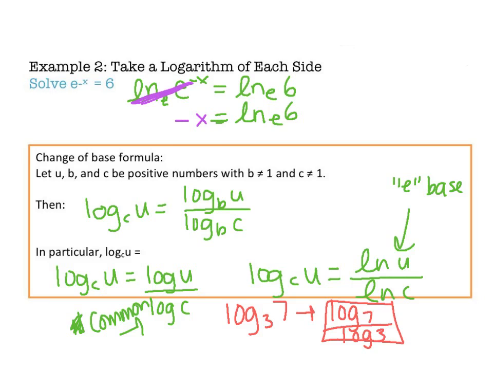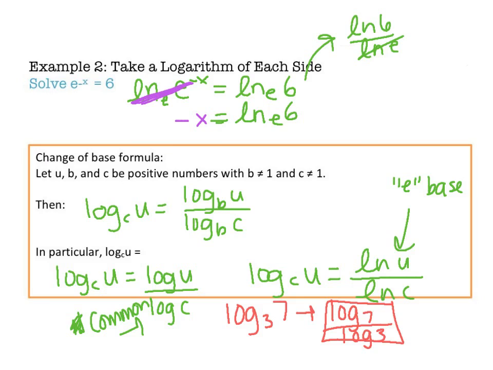So I could rewrite this, and I would have to if it were any other kind of number. But let me show you what I mean. I could rewrite this as natural log of 6 over natural log of e. Natural log of e, though, is just 1, so I don't need to do it in this case. I can just solve it by putting natural log of 6 into my calculator.